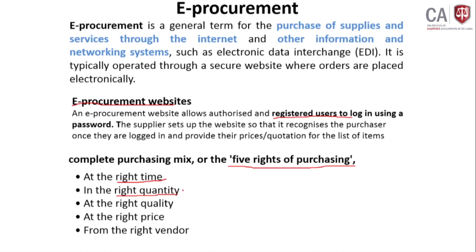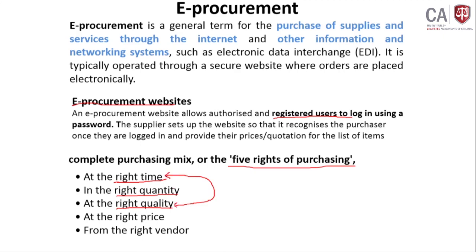If you only have 700, you can only do part of the production required by the sales people. So you need the right quantity, and it is also required at the right time. If it gets delayed, the production process also gets delayed. And the right quality. Sometimes we have seen a very good correlation between these two.